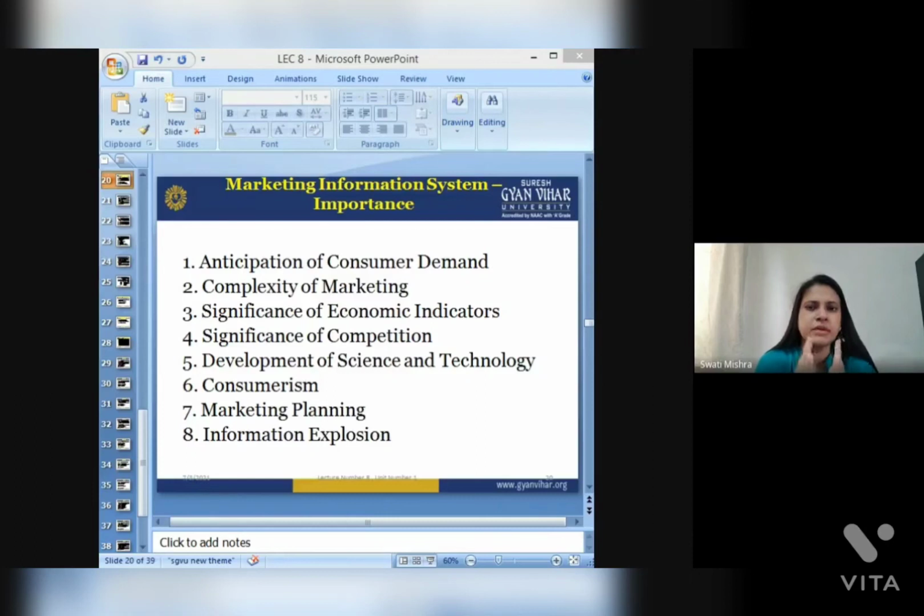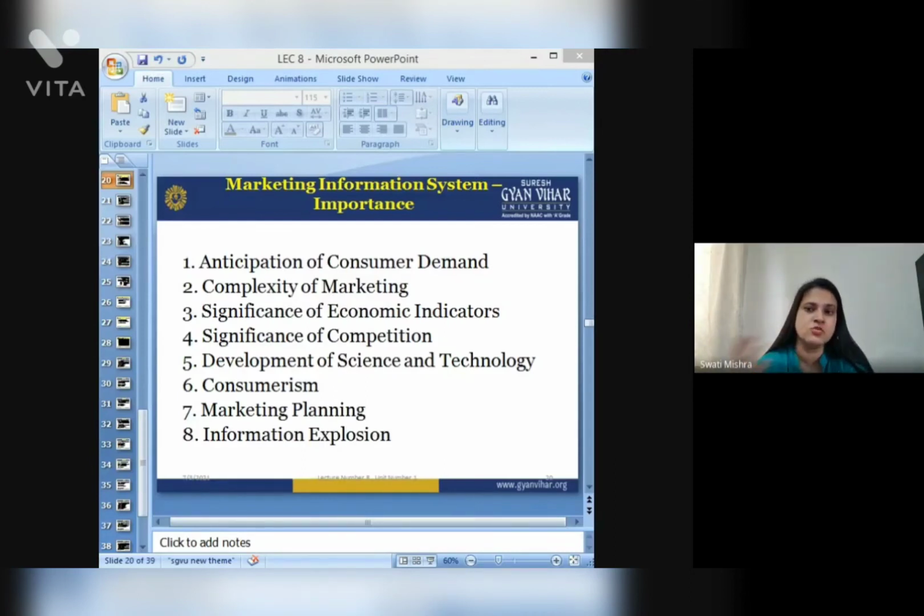Predicting the behavior of one's competitors and overtaking the competitor will need the services of marketing intelligence. A marketer cannot survive under keen competition without up to date market information, particularly regarding the nature, character, and size of competition to be met. And of course, there are a few more points under it, like the development of science and technology.